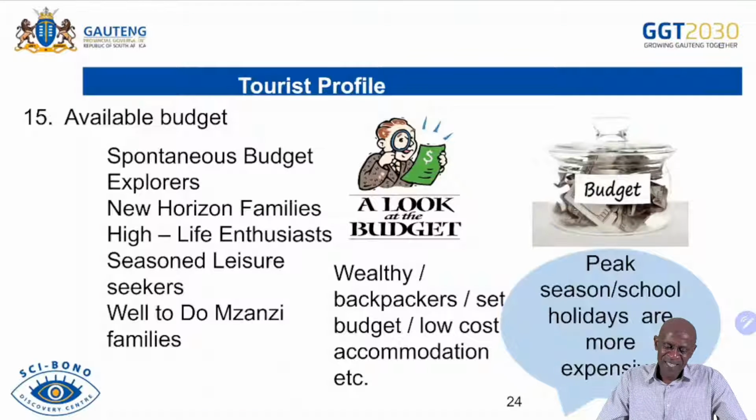As and when they get money, they decide on a travel. So their travel is not controlled by savings or long planning. It just happens abruptly, whenever they get money, then they decide on travel.